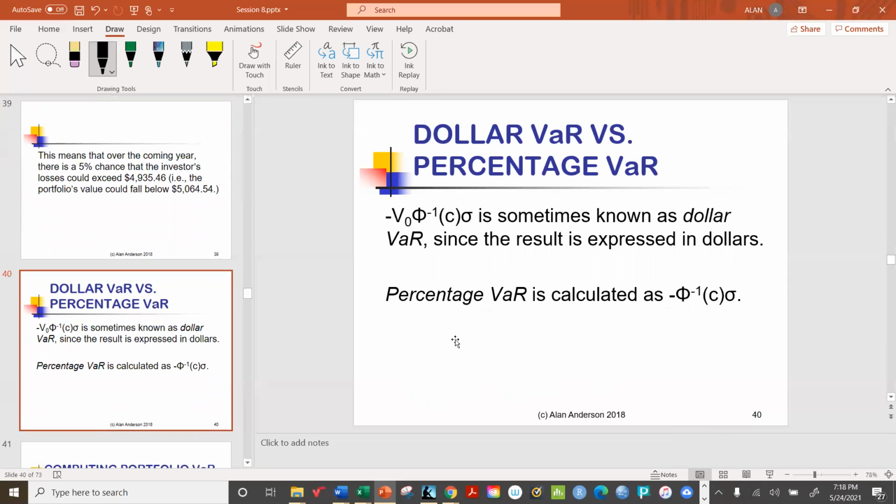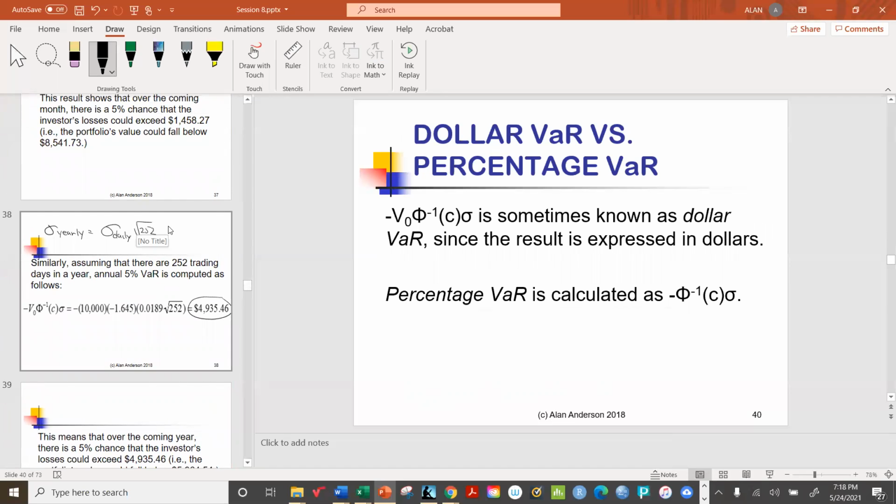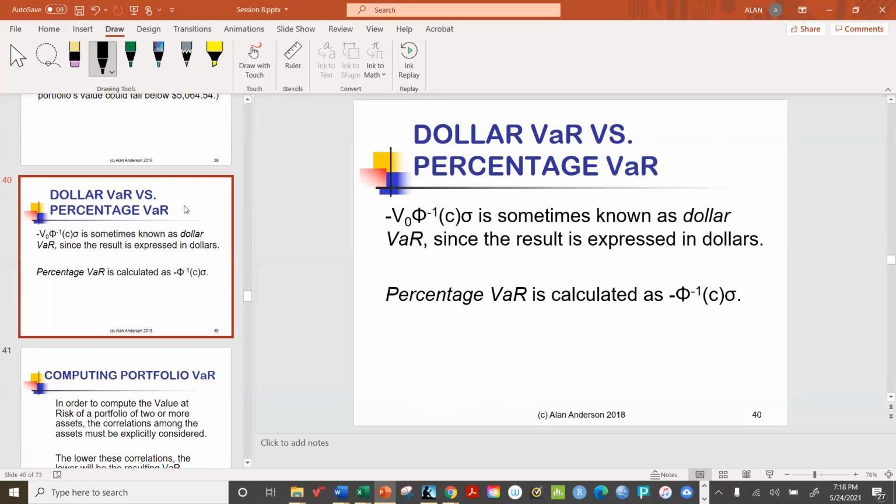Now sometimes these dollar VARs, as they're calculated, are hard to compare to each other, especially if you have a lot more of one stock in your portfolio than another. So sometimes we replace this with what's called percentage VAR. And all we have to do in those cases is lose the V0.